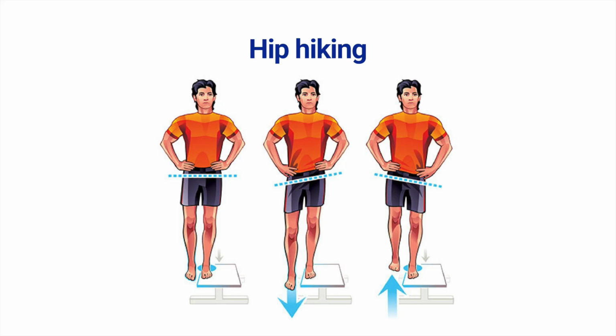Although hip hiking may allow foot clearance, the same as with circumduction, it disrupts the normal smooth motion of the gait and increases energy expenditure, and over time this can lead to fatigue and strain on the lower back or hip muscles.